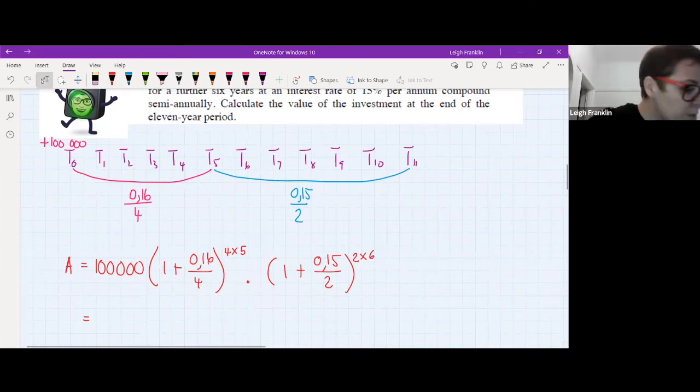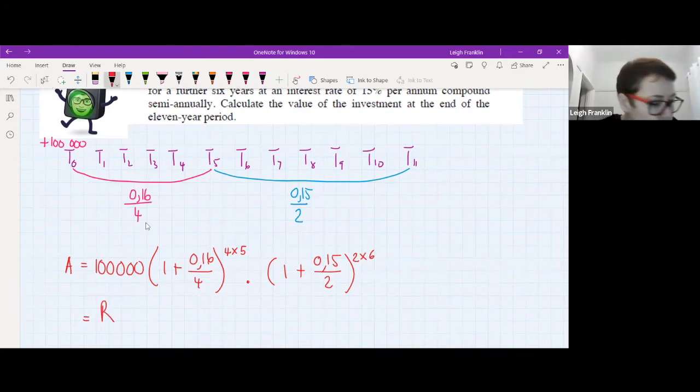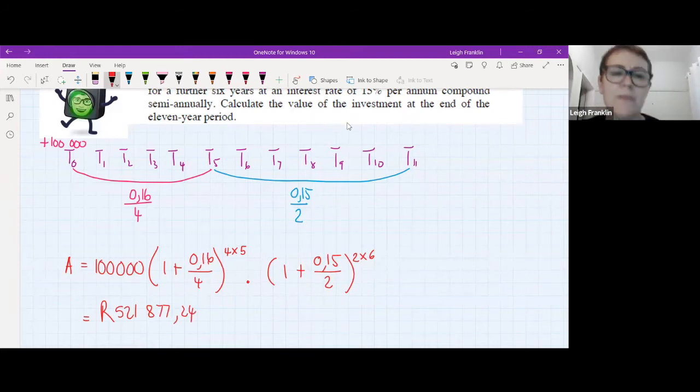Okay, so we all seem to be getting the same answer, nice, Matrix, good job, of 521,877 Rand and 24 cents. So just remember to put in the Rand sign. Obviously, you don't have to worry about that in the chat. And to round money to 2 decimal places, always, always, always.